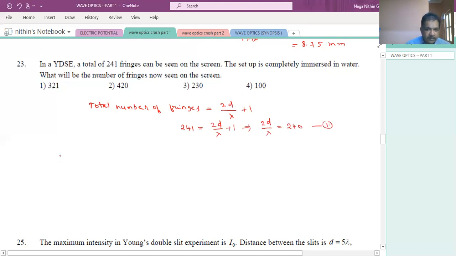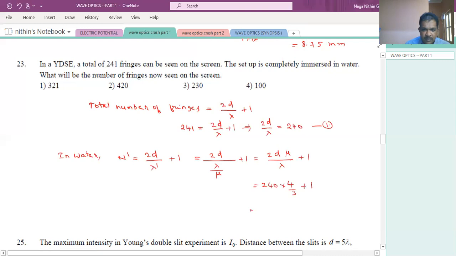In water, the number of fringes n dash is equal to 2d by lambda dash plus 1. So 2d by lambda by mu, plus 1, that is 2d mu by lambda plus 1. 2d by lambda will be 240, and the mu value is 4 by 3 for water, plus 1.